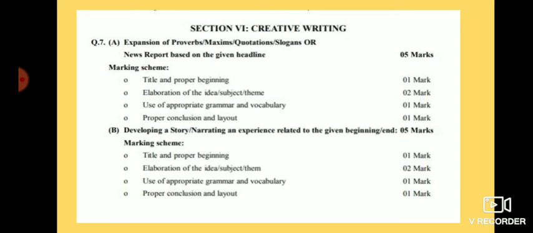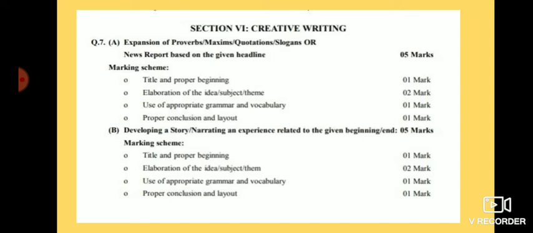Then creative writing, question 7. This is a very important question, because this is not writing skill, this is creative writing. In question 7a there is expansion of proverbs, maxims, quotations, slogans, or a news report based on the given headline. You have to choose one from the given.